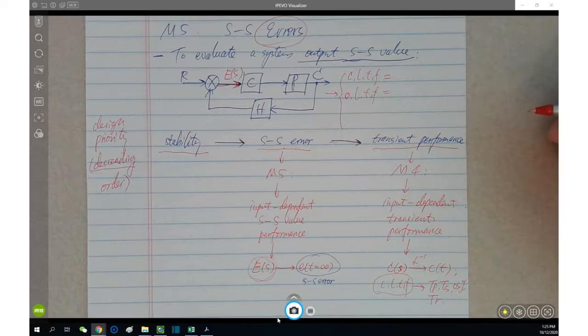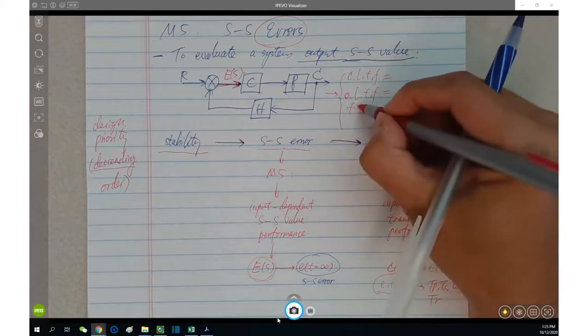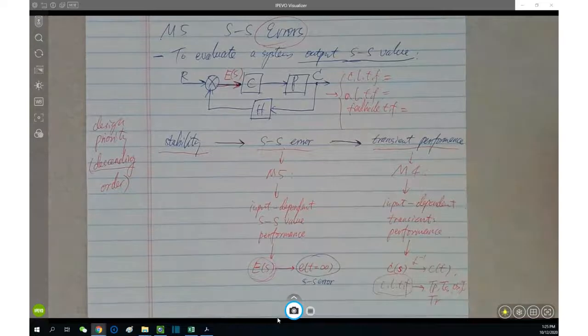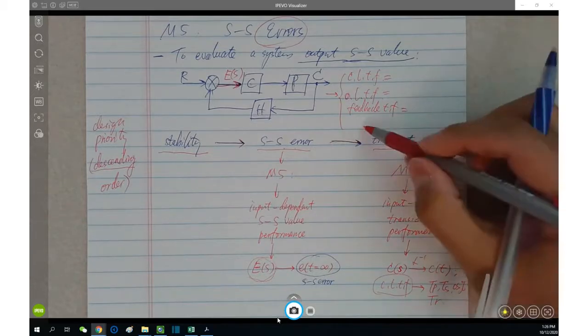Anyone remember? Closed loop, open loop, and what? Feedback. What else?